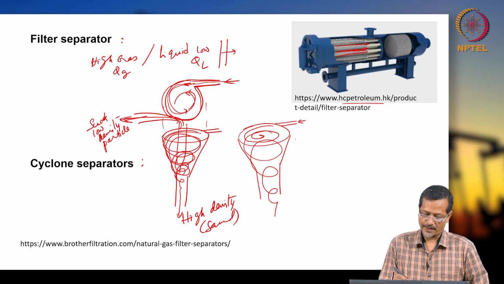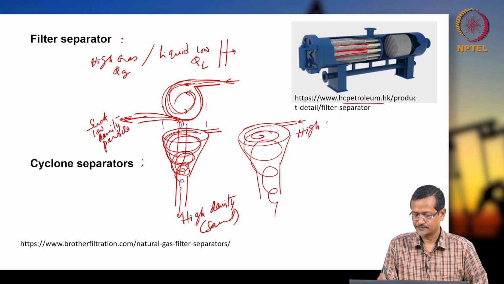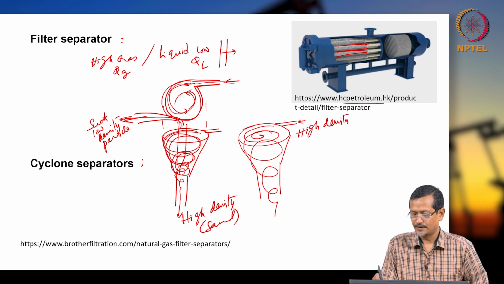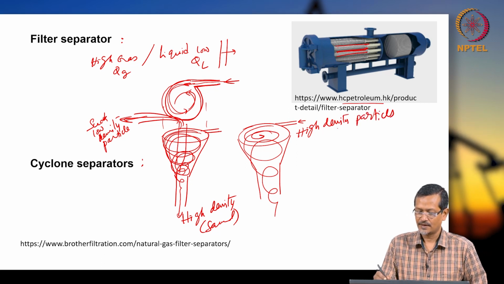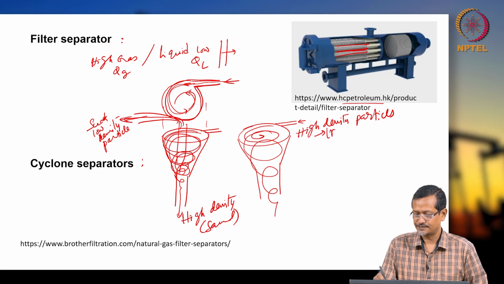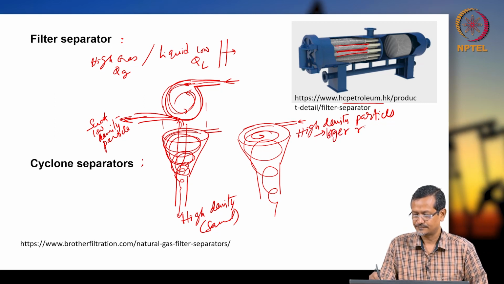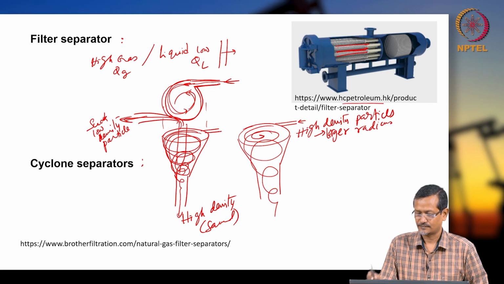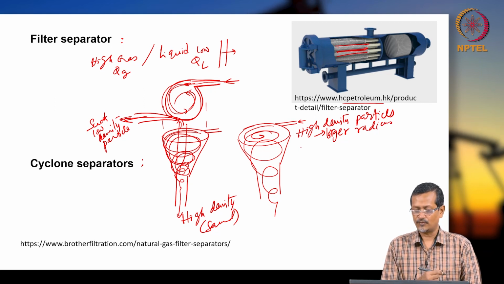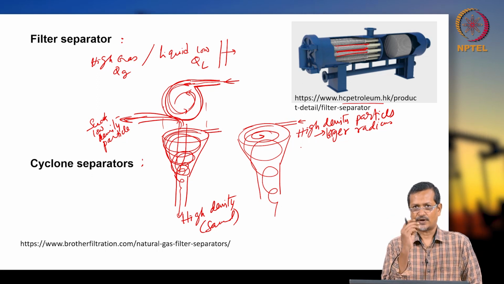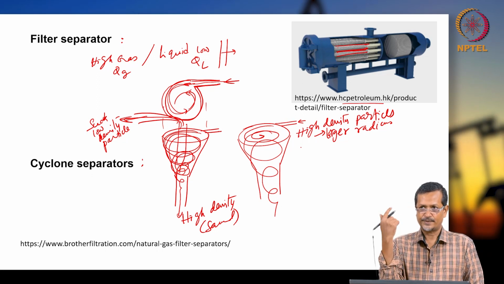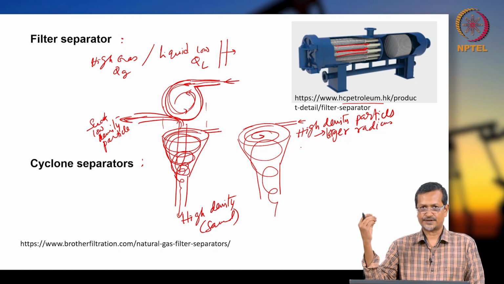Now, the high density particles will have a larger radius, and low density particles will have a lower radius. Why? Because when both are rotating together, high density fluid, because of its mass, will try to move further away from the center core.